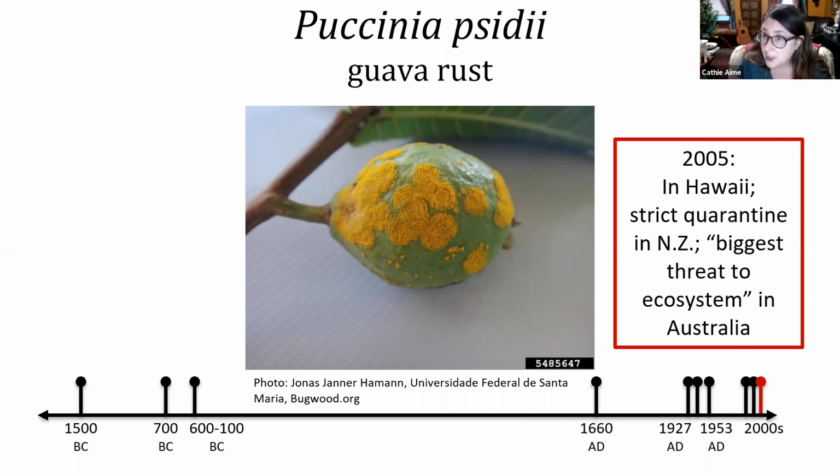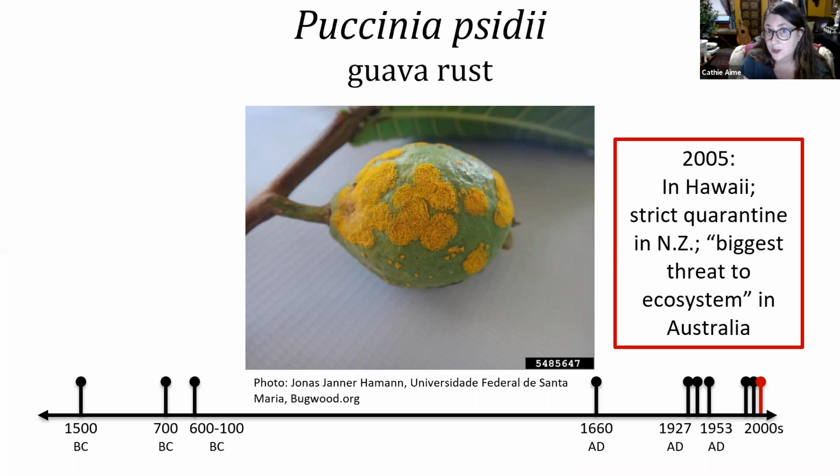Austropuccinia psidii is another one that just started moving around the world. And it's of great concern. It doesn't threaten an agricultural crop, but it has a huge host range of plants in the Myrtaceae. This includes some food crops such as guava, but also importantly, things like eucalyptus. And you think about Australia and New Zealand, their entire ecosystems are built around endemic eucalypts.